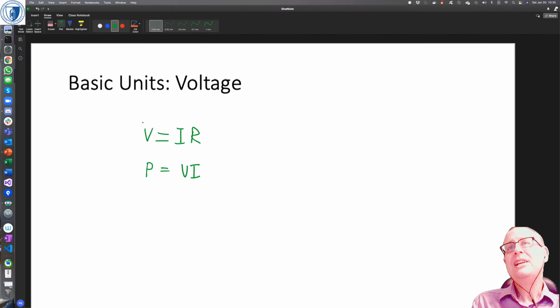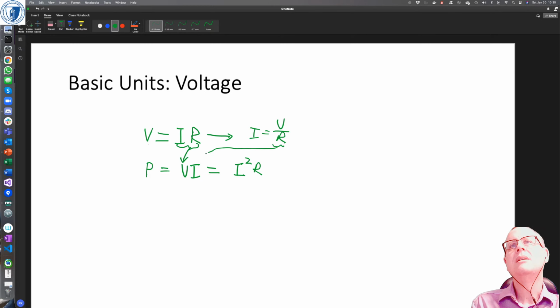An interesting thing that happens when you substitute this into here and we get P equals I squared R, or we can also rewrite this as I equals V on R and substitute this into here and we get P equals V squared on R.